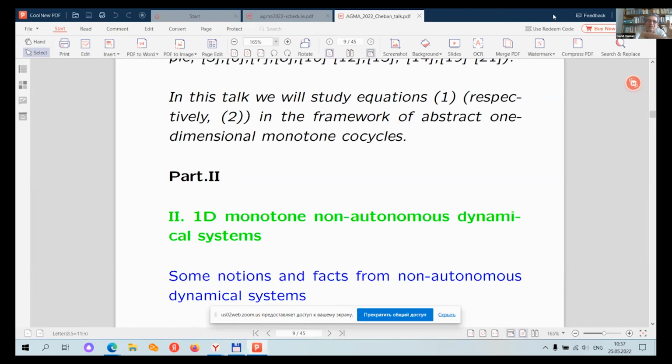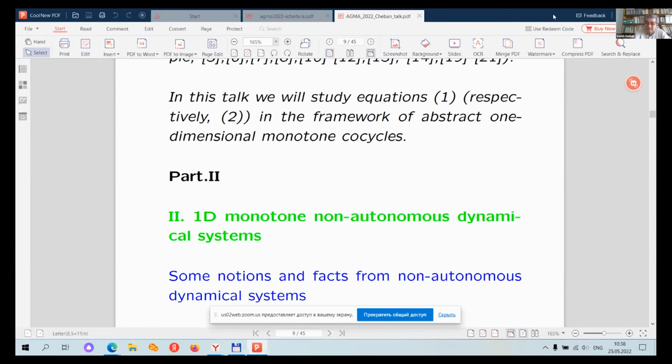This object is called a non-autonomous or cocycle dynamical system with a given autonomous driving system. The phase space of this cocycle is one-dimensional. Additionally, the cocycle generated by this type of equation is monotone.